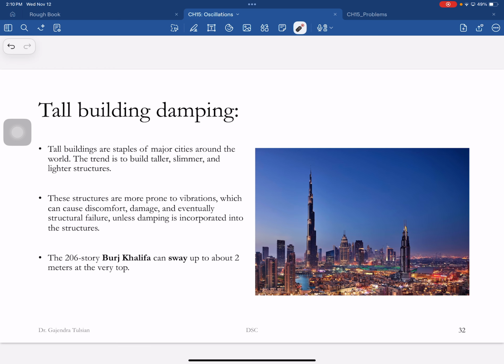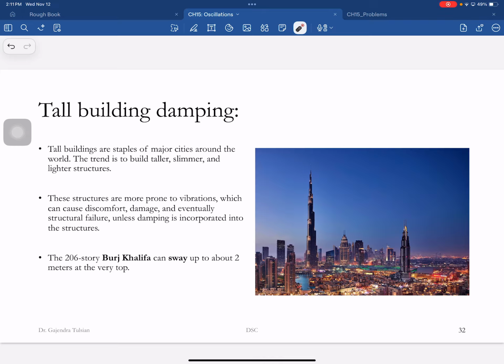Here's the Burj Khalifa. At the very top, that's the top floor, the most expensive floor to rent. But here's the problem. The top floor can sway up to 2 meters at the very top. So here's a meter. Here's 2 meters. At the very top, that floor sways that much.